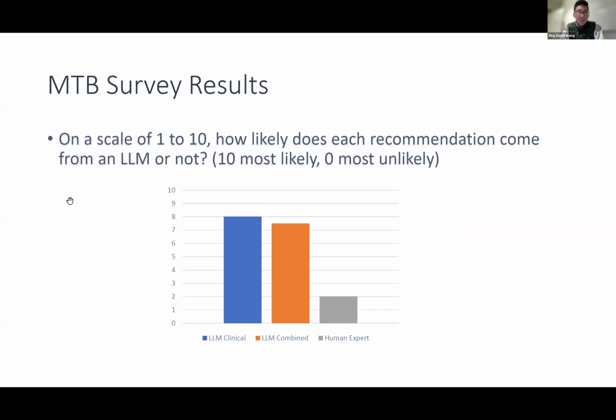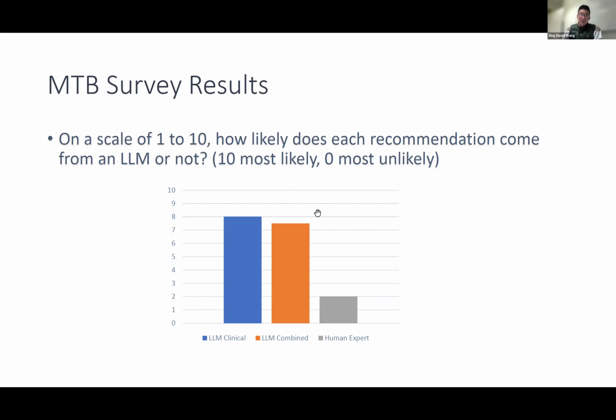And secondly, each individual treatment option, so the slide that you saw before, was weighted on a scale of 1 to 10 of how likely a recommendation came from an LLM or not, where 10 was most likely to come from an LLM and 0 most unlikely.